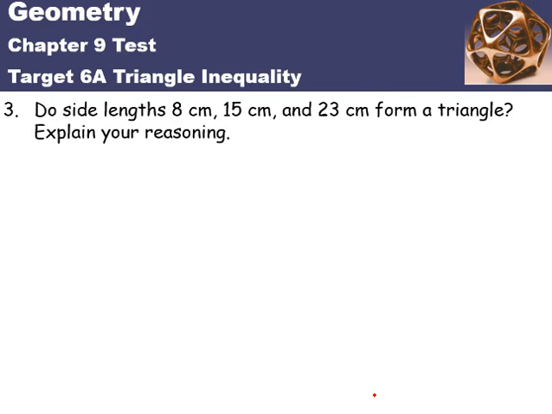Do the side lengths 8, 15, and 23 centimeters form a triangle? Explain your reasoning. Again, remember the two smaller sides added together have to be larger than the third side. So what's 8 plus 15? Well, it's 23. Is 23 bigger than 23? No, it's not. 23 is not larger than 23.